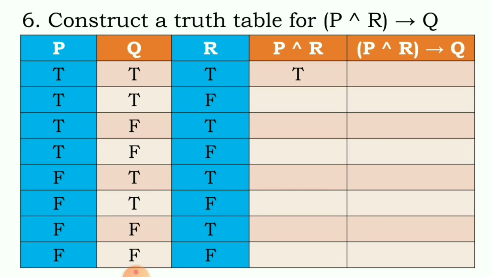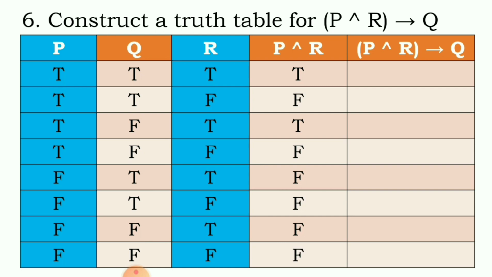So first we have both true, that is true, true false, that is false, another both true, that is true, true false, that is false, false true, that is false, both false, that is also false, false true, that is false, and another both false, that is false.